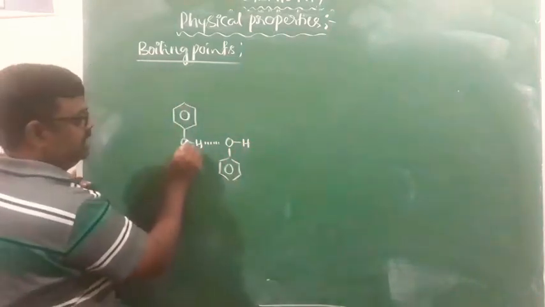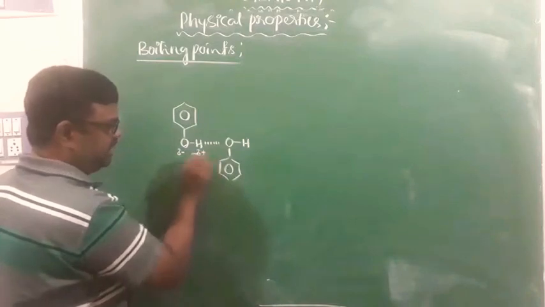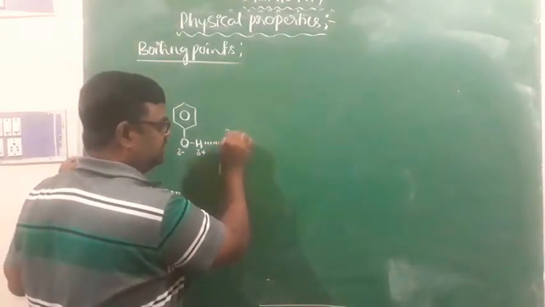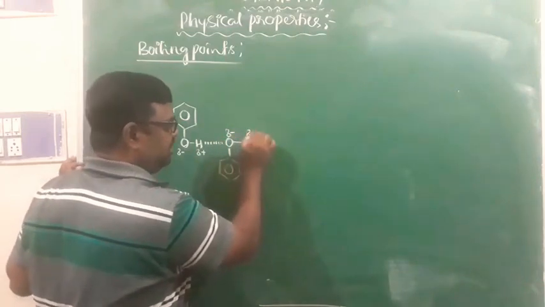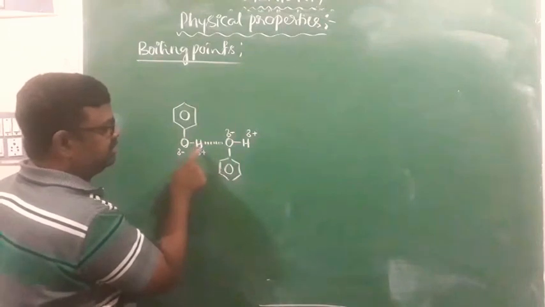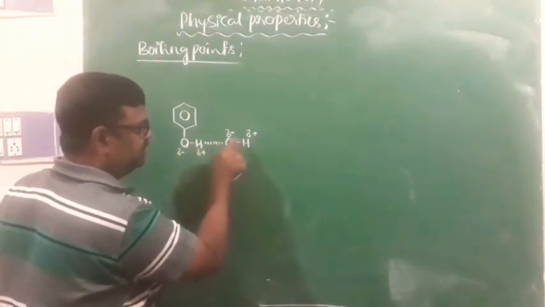Notice, there is delta minus on the oxygen and delta plus on the hydrogen, and the delta plus of hydrogen will attract the delta minus of oxygen of another molecule. These are two molecules of phenol, and the positive part of this OH bond is attracting the negative part of the OH bond of another molecule.